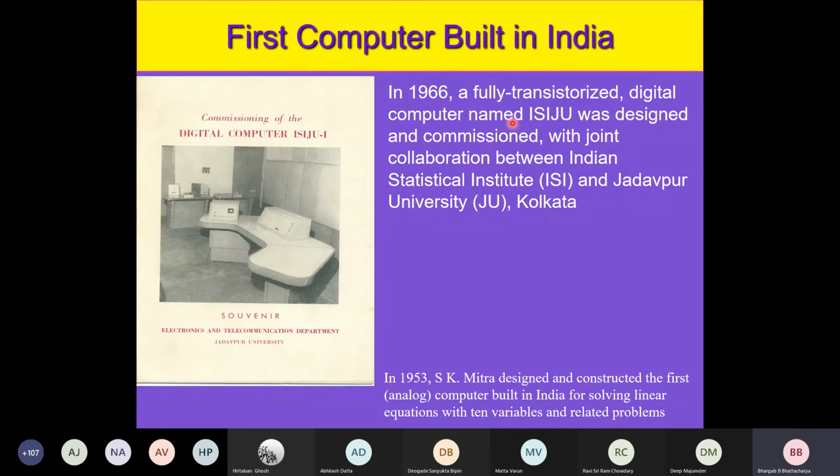Okay. And even before that, so this is a digital computer, but even before that, in 1953, S.K. Mitra, Shamarendra Kumar Mitra, designed and constructed the first analog computer built in India for solving linear equations with 10 variables and related problems. So you know what an analog computer is?